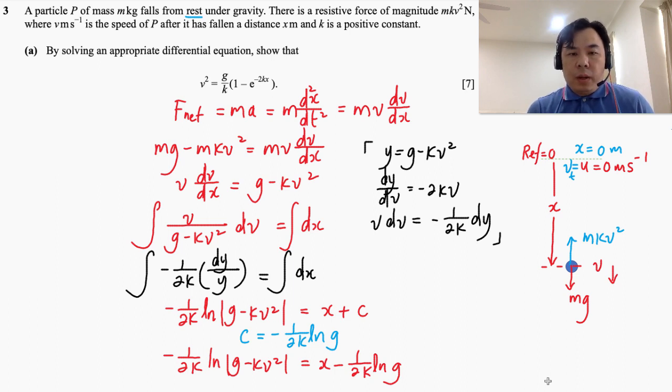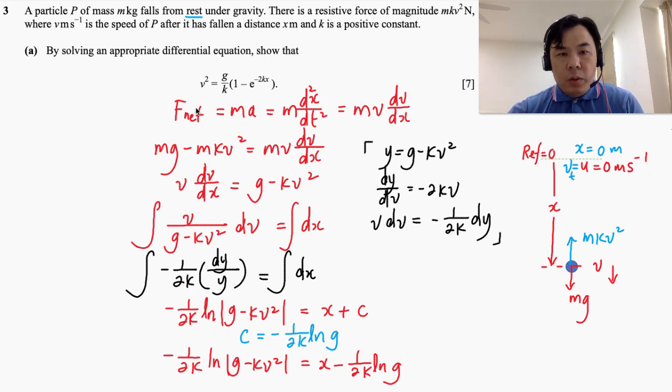I'm going to pause for a while. Make sure you know what is going on with your integration, setting up the first order ordinary differential equation through the applications of Newton's second law here. Next, I'm going to polish up this equation so that I can satisfy what the question wants.